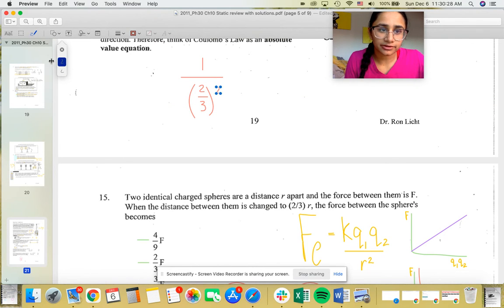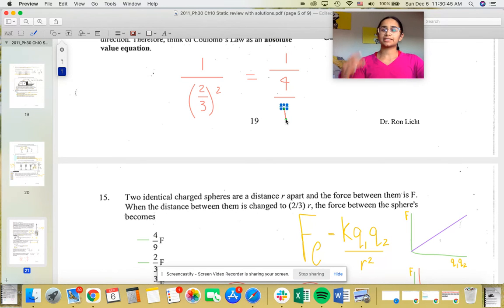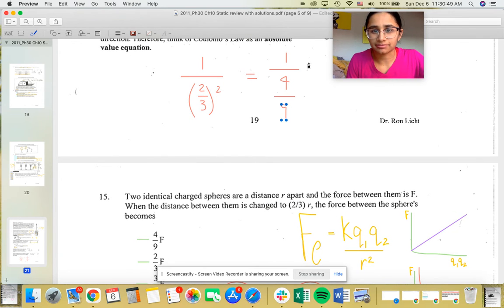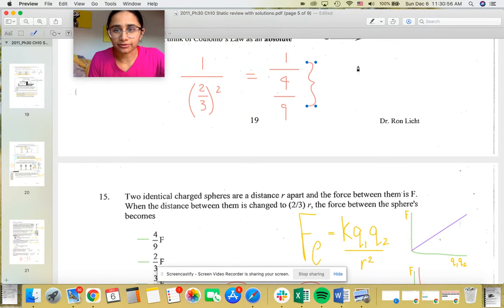Now let's just evaluate that, and that's going to be equal to 1 over 4 over 9. And then what we're going to do afterwards is just flip it so that we can make it a little bit more succinct for us here. So this is going to be 9 over 4.